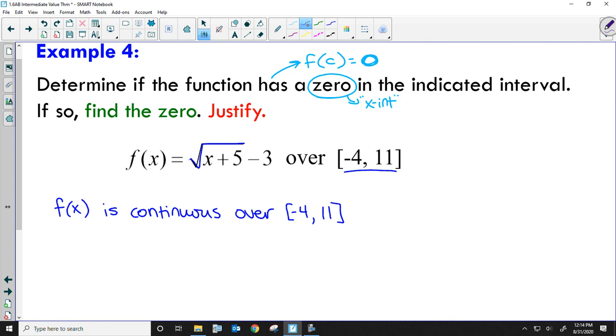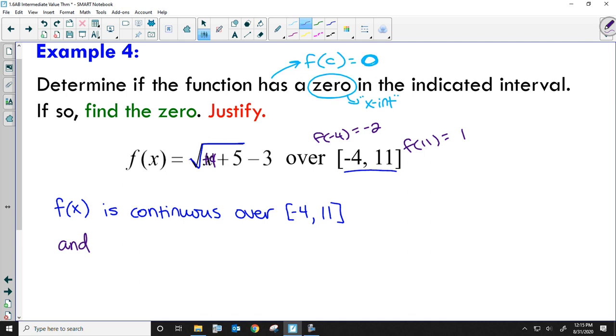Okay. Now I need to do the inequality. So I need to calculate what f of -4 is, as well as what f of 11 is. So plug in -4. I think that equals -2. And then let's also plug in 11. Square root of 16 is 4 minus 3 is 1.